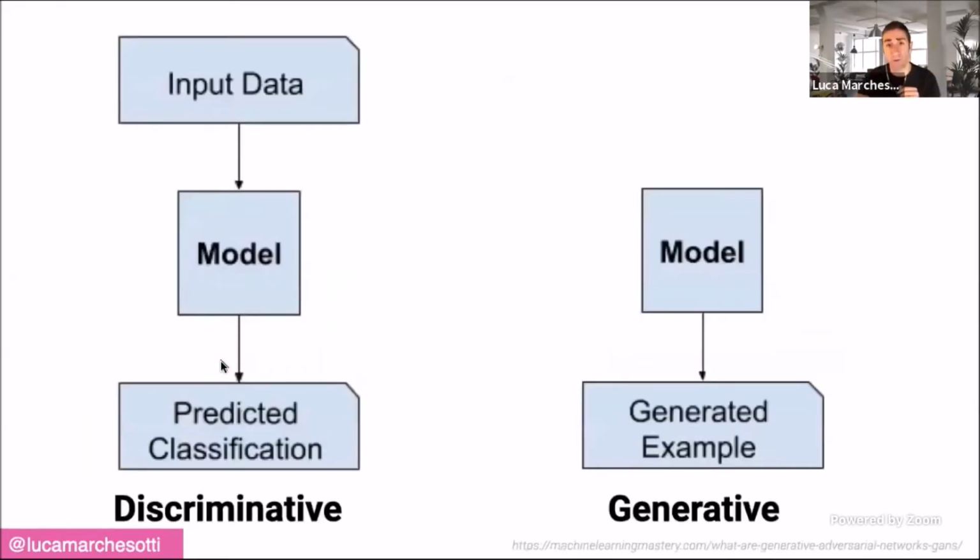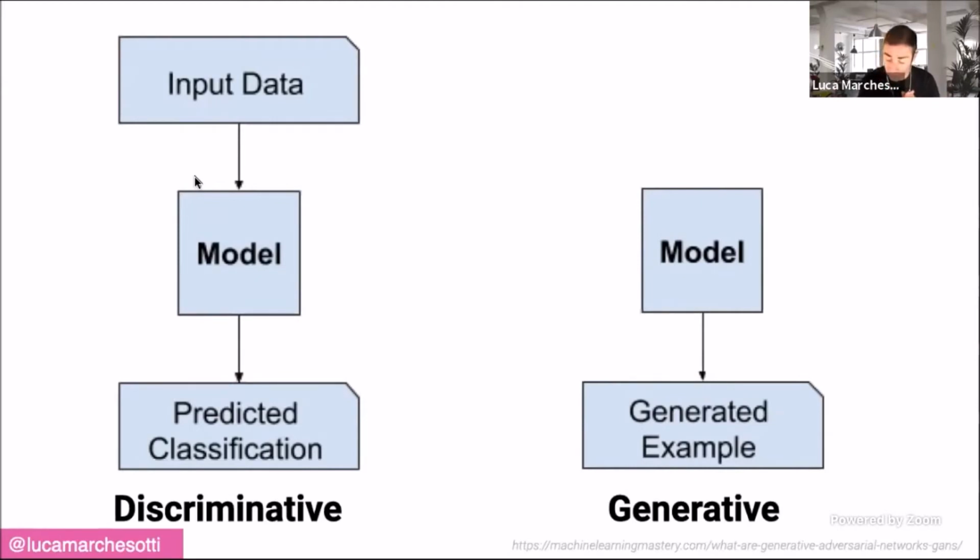I just would like to give you a final intuition on the difference between the usual discriminative models, where you have input data, a pre-trained model, and it gives you a predictive classification, and the generative model, where essentially you are creating data samples from scratch. Before I give you some results on the evolution of GANs, there is a question from Max.